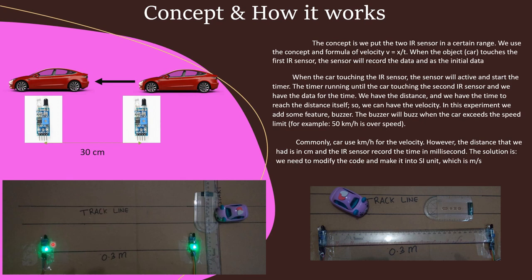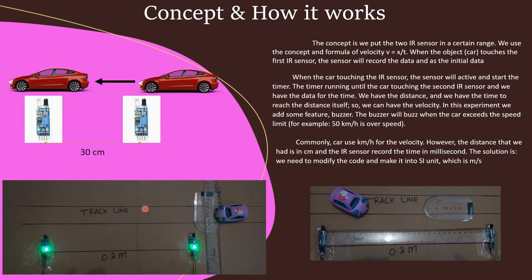And then this is my experiment. This is the IR sensor. Then this is the distance, which is 30 centimeter, and then this is the car. And here I put the start line to reduce the zero shift error, and as you can see, there is also a track line.